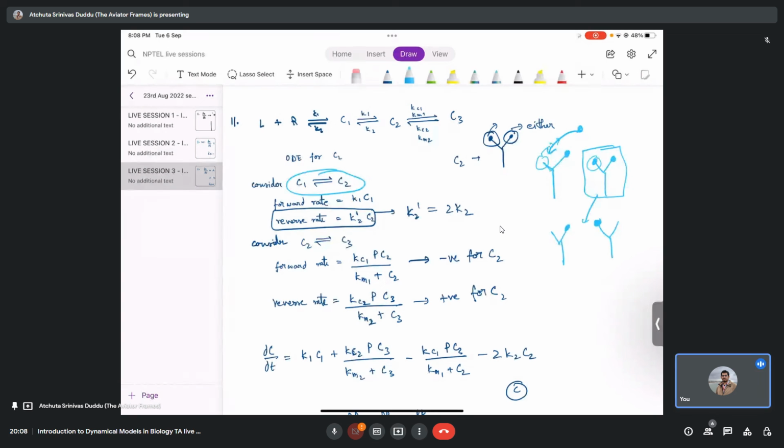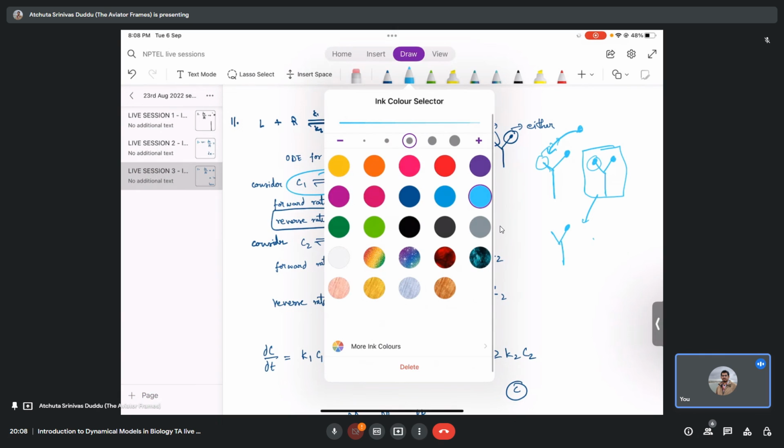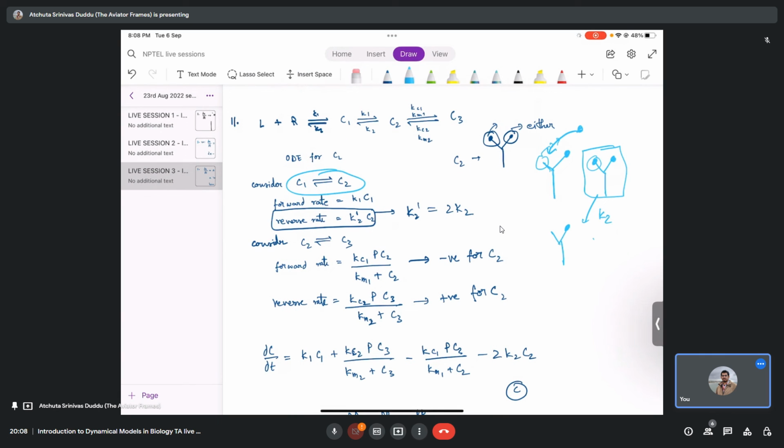So if you're looking at only one particular binding site, forget about this, you're looking at only this, then for this the rate is K2. But you also have another possibility, which is this. For this also K2. That's why we double it. Okay, yes, got it. Okay.